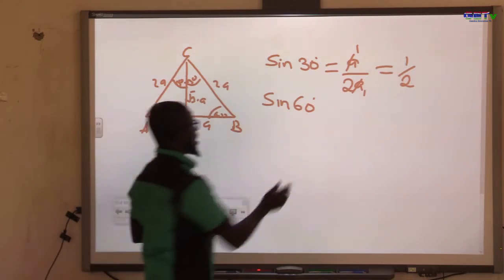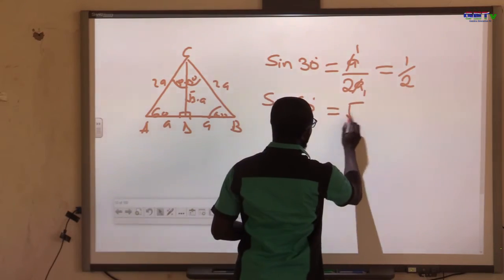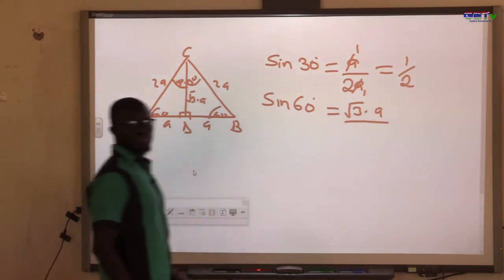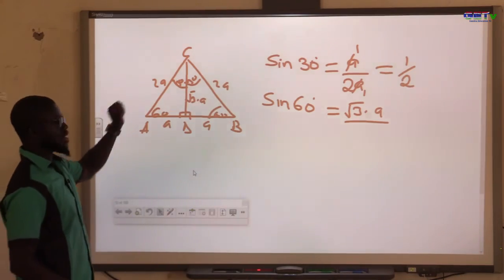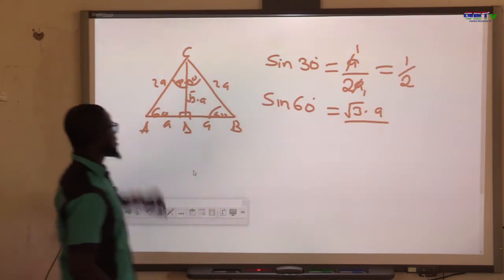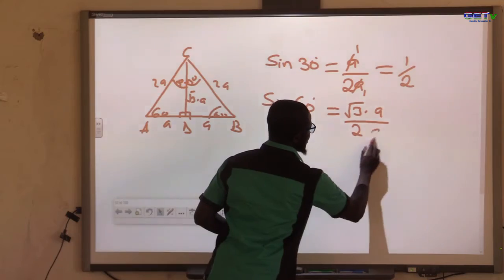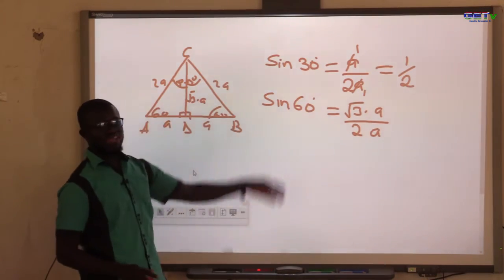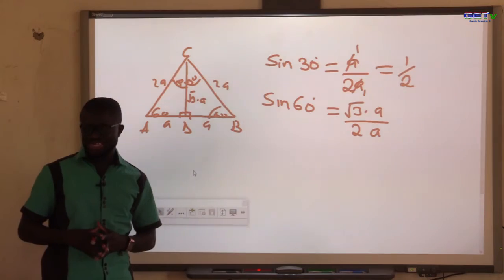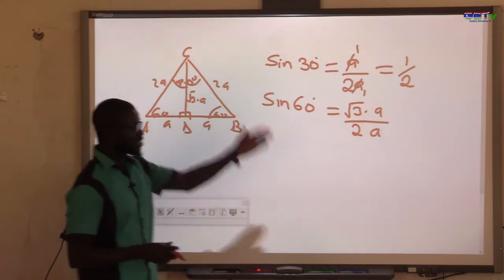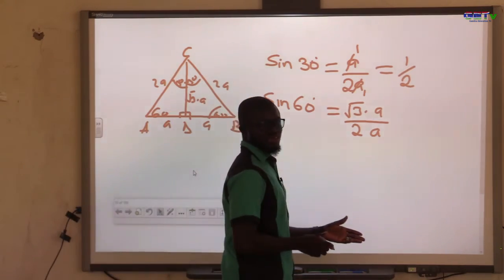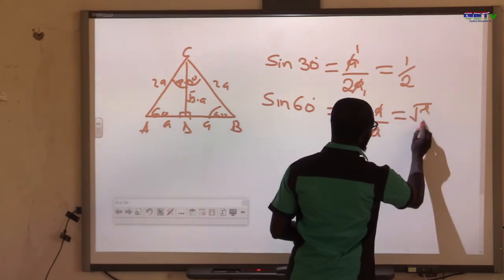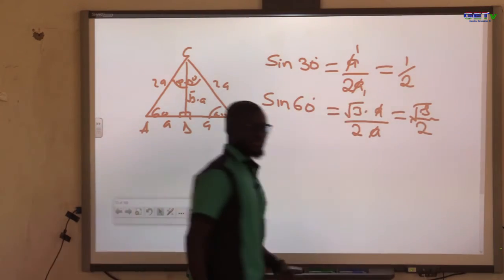And that is giving us root 3 times A all over what is going to be our hypotenuse. The hypotenuse still remains as 2A. Again, if you compare these two, there is something that can be cancelled. And what is that? A is common to both the numerator and the denominator. Obviously, they can cancel. And that is going to be equal to root 3 all over 2.